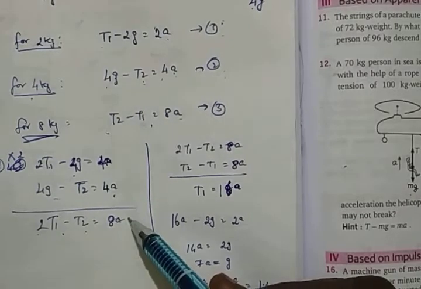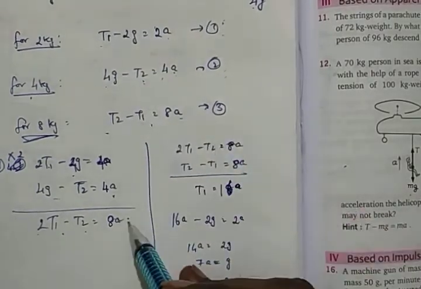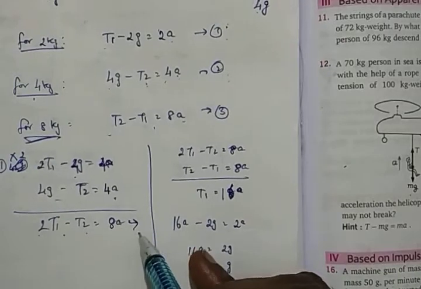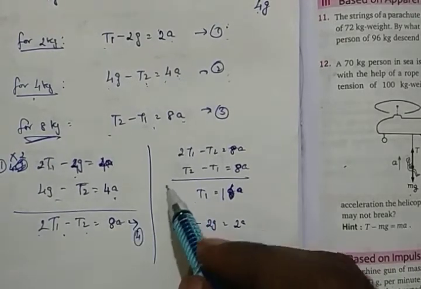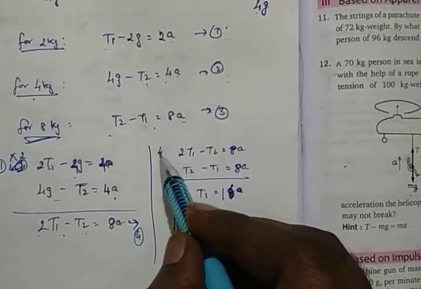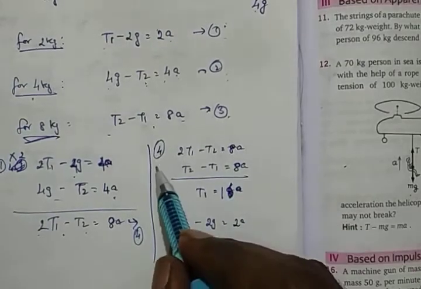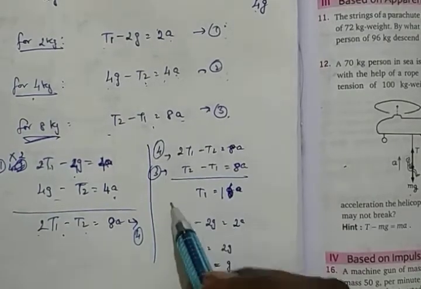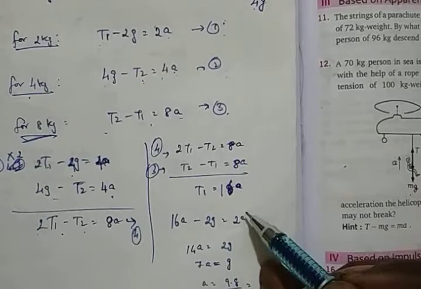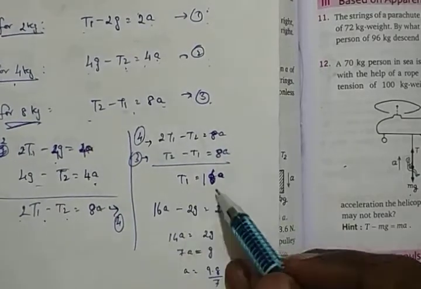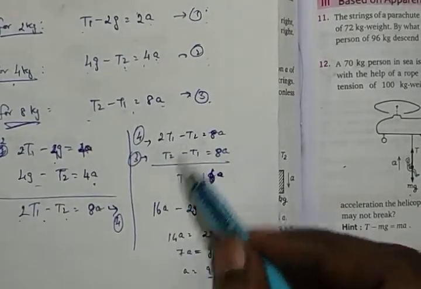Now this equation and this equation you can take. So this equation is equation number 4. The fourth equation is here, and the third equation is here. Put both of these and then add. When you add, T1 you will get, because the other term, T2, will get cancelled out.